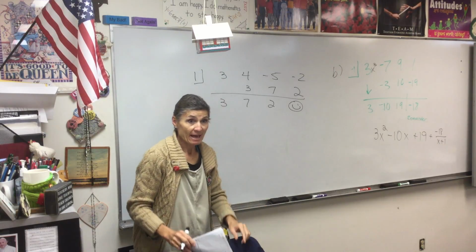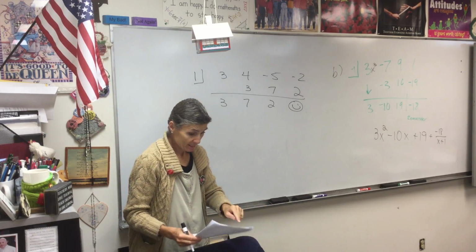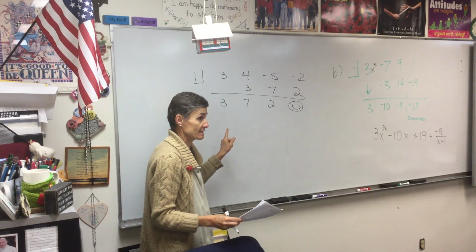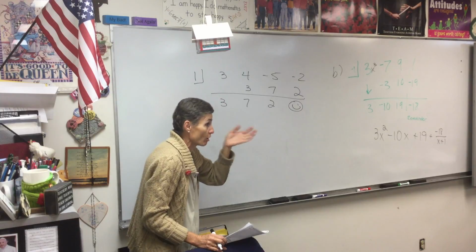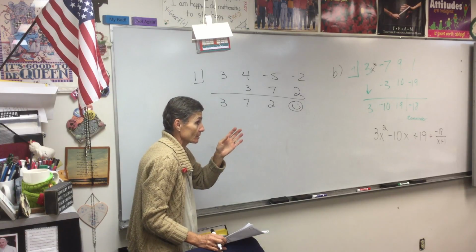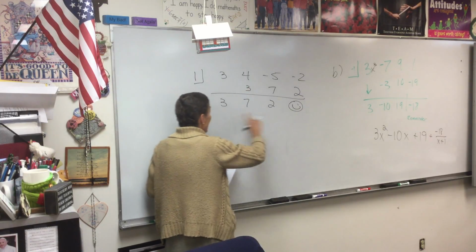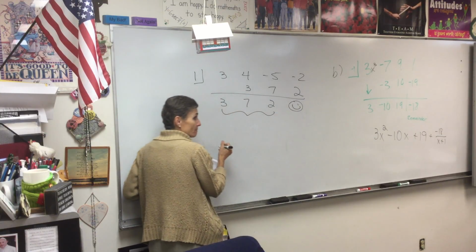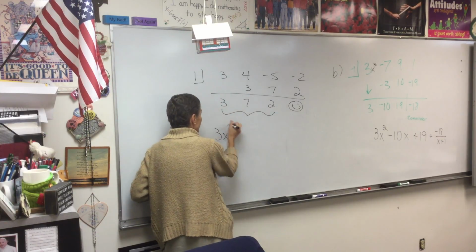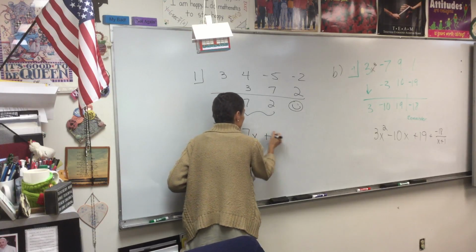Did we expect that? Yes, because we were told that that is a 0. We were told that 1 is one of our answers. So we divide it out, we expect to get 0. Now what's this? 3x squared plus 7x plus 2?